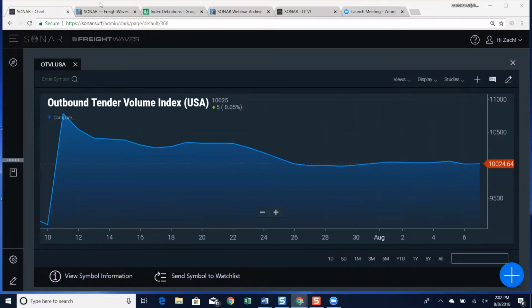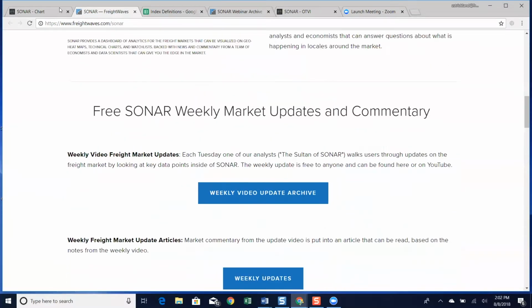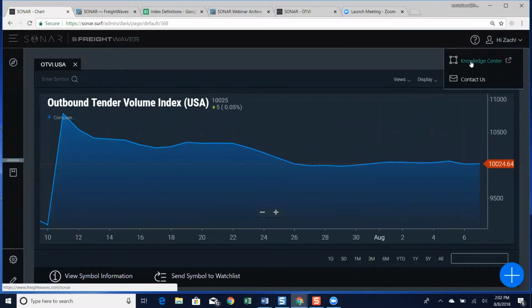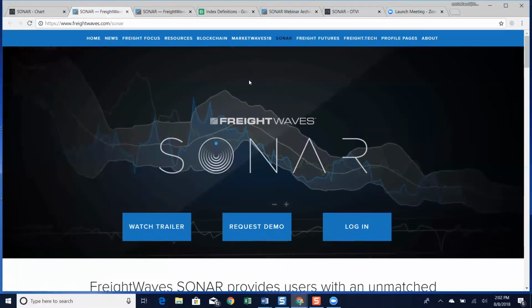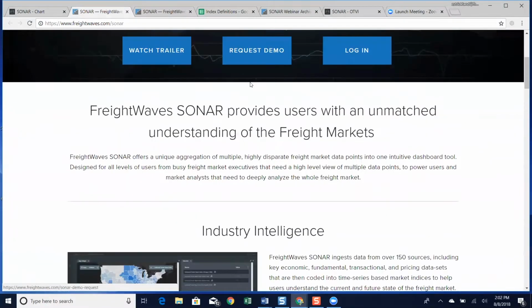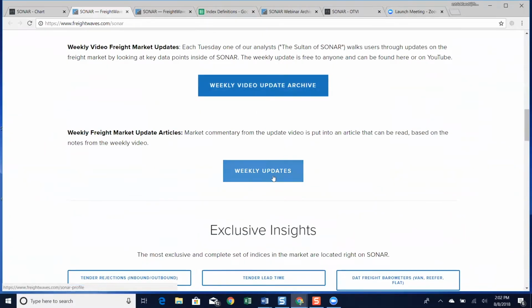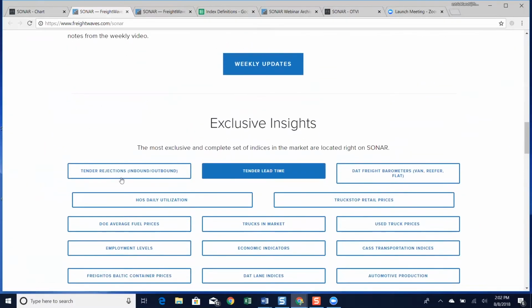we're going to click on over here to the FreightWaves SONAR website. We've got a knowledge center. So when you're in SONAR, you can click on the question mark, and there is a knowledge center that will take you to our SONAR website. There is a wealth of knowledge there that you can go through: weekly video updates, the exclusive insights.